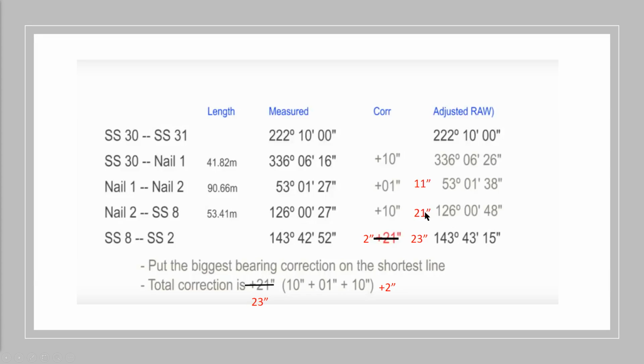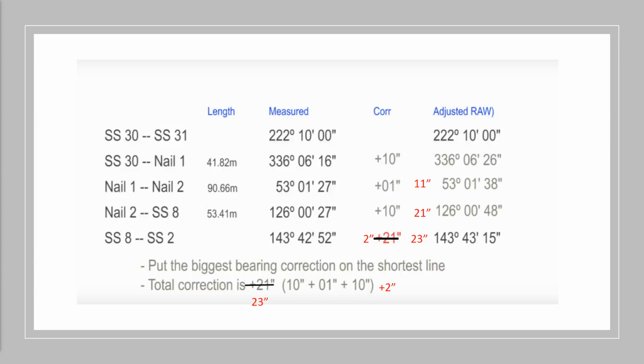What's happened here is that there's 23 seconds of misclosure, and there are four angles, it would appear: an angle here, a setup at 1, 2, 3, and then one up into here. So there would be four setups in this particular job, and at 23 seconds you can apply so much at each angle.